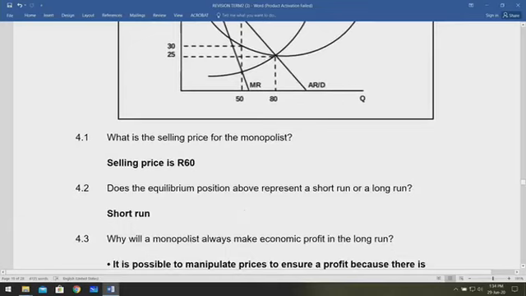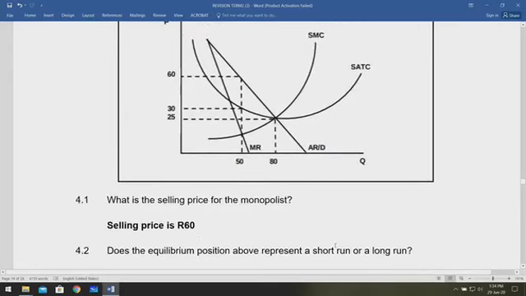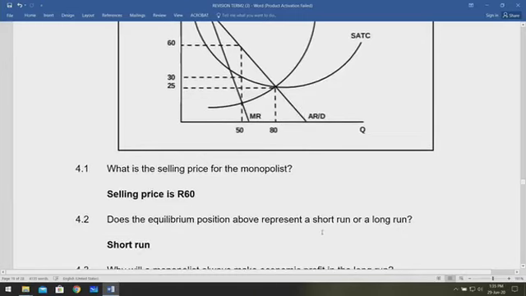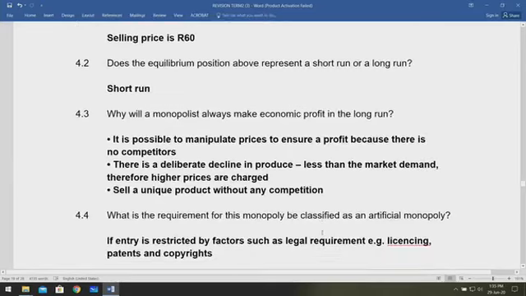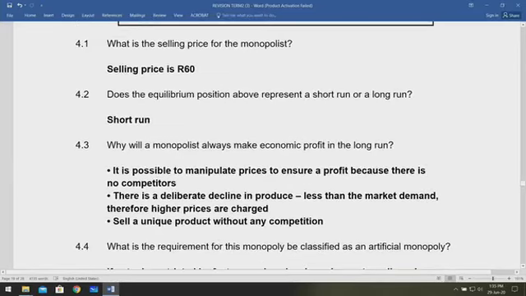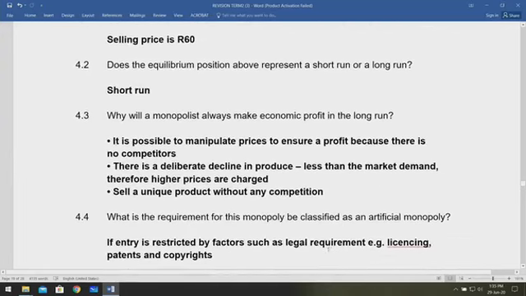Why will a monopolist always make economic profit in the long run? Well, he doesn't have any competitors, so he can manipulate the prices or the output to ensure his prices remain high, so therefore you will always be making a profit. Okay? What is the requirement for this monopoly to be classified as an artificial monopoly?